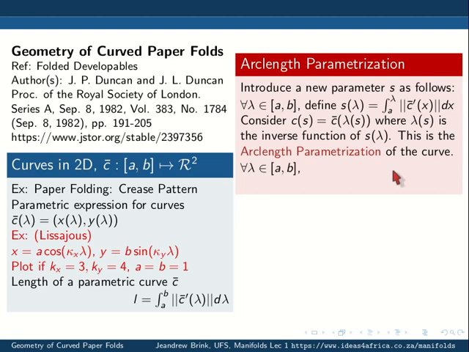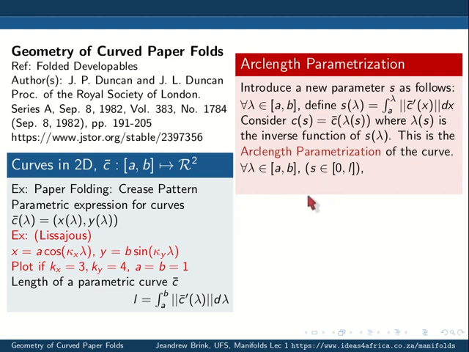And so what you have is, for all lambda in A and B, S is a function ranging from 0 to L. Because when lambda is A, it's just the integral from A to A, so that's 0.